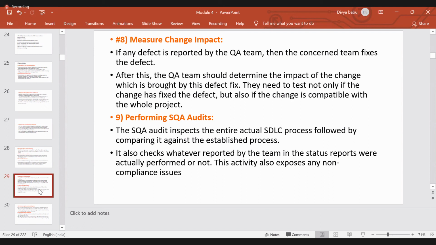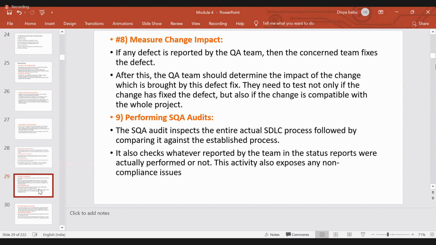Then perform SQA audits. This point you should remember. And what is SQA auditing? Auditing means the team gives one report at the end. In that report they will state the status, whether it was actually performed or not.